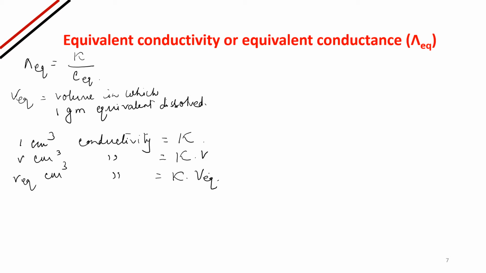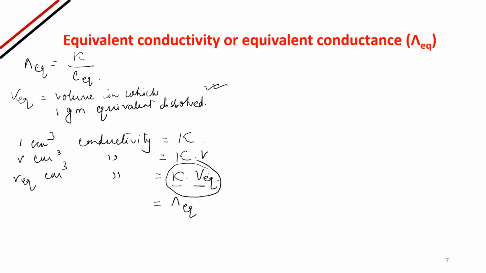So, this is the conductivity of 1 gram equivalent, because here I have taken V equivalence as the volume in which 1 gram equivalent is dissolved. So, this full term is the conductivity of V equivalent solution. So, can I write it as lambda EQ? This will be represented as lambda EQ. So, what am I getting?